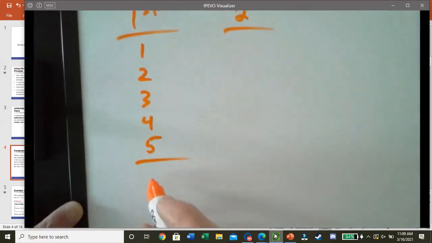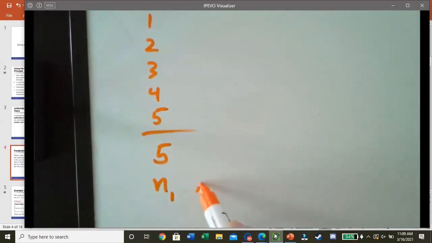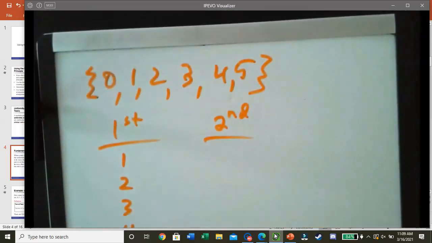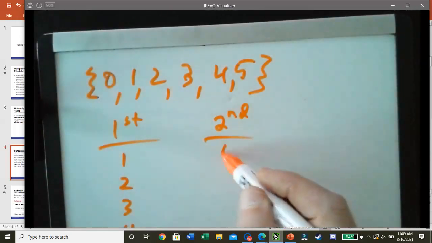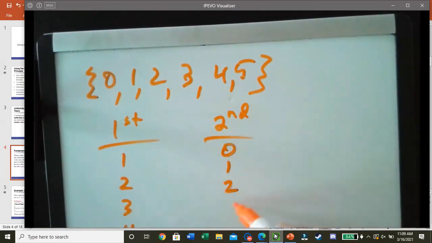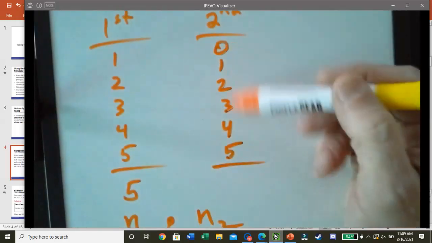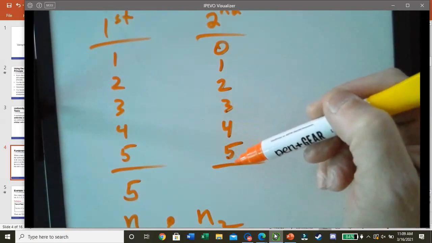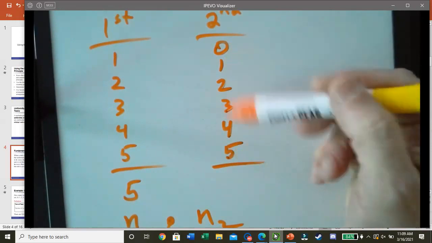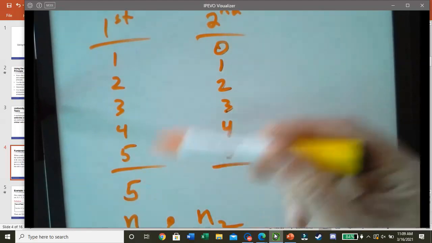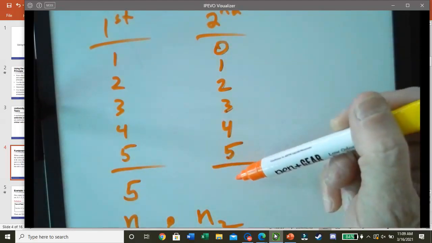So that would be a total of 5. N1 would be 5. So now for N2, all right, we can have a 0, and we can have 1, 2, 3, 4, 5. So how many possibilities can we have in the second digit? Well, this one's 1 more than the first one, right? So this would be what? 6.